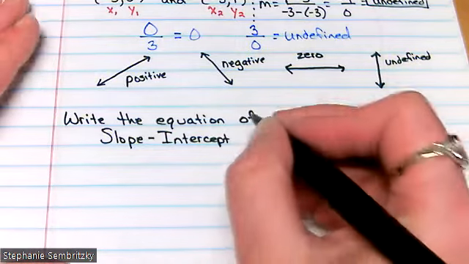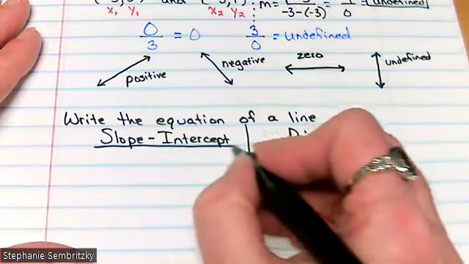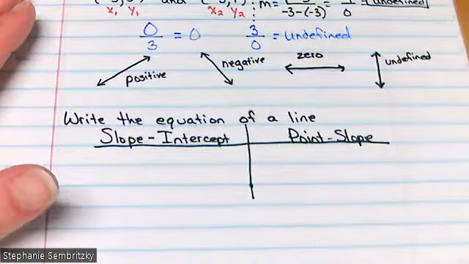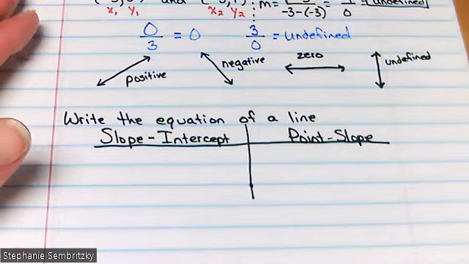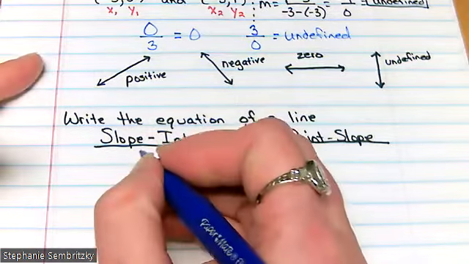There's slope-intercept and point-slope. You probably have used slope-intercept the most, but in upper level math, we like point-slope best. So let's talk about these two forms.